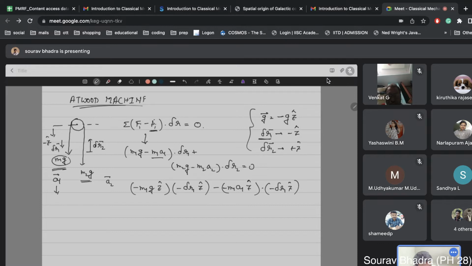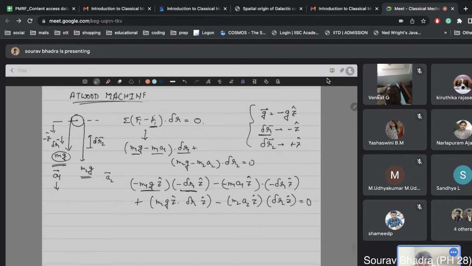Similarly, the second equation, I think you can understand: this m1g is this term, multiplied with this dr1. Okay, similarly m2g, for m2 the acceleration is upward, capital Z, dot delta r2 z minus m2a2 capital Z delta r2 z cap, that is equal to 0.